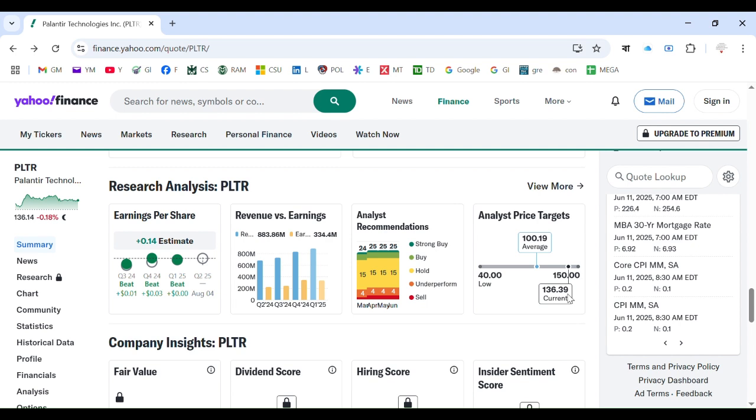So if you have PLTR, or if you are considering buying PLTR, be cautious. I do not want to discourage you or give you the decision, but I am trying to help you take your decisions. If you choose to buy it, it's up to you. No worries, you can do that. But I'm going to give you some red flags so that it helps you analyze what's going on with this stock.